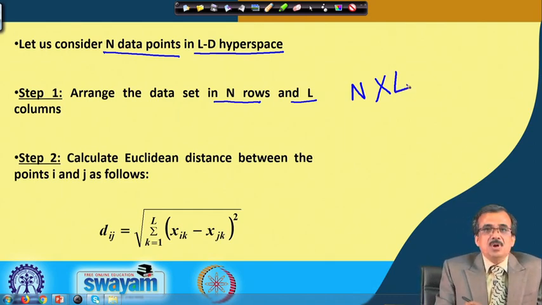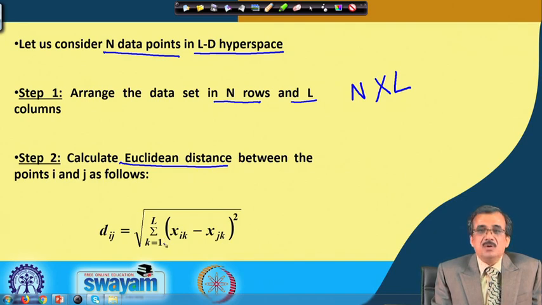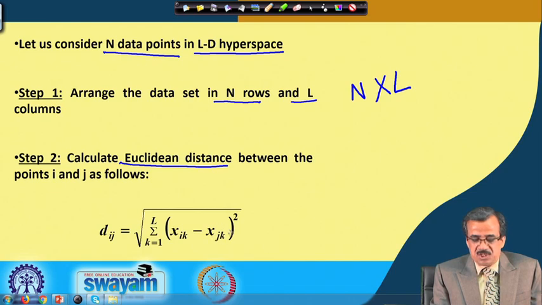Now, step 2, we calculate the Euclidean distance between the two data points i and j, using this particular well known formula. So, d i j is nothing but square root of summation k equals 1 to L, x i k minus x j k, squared. It is very simple.